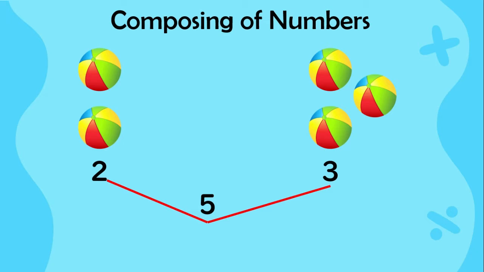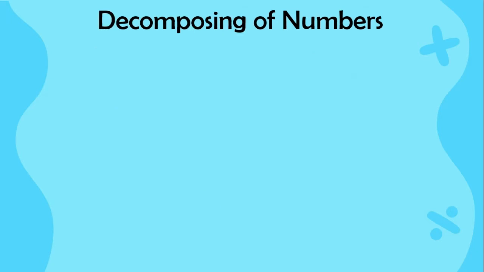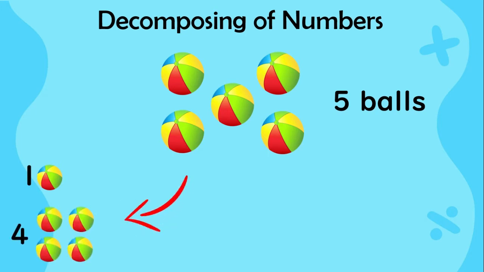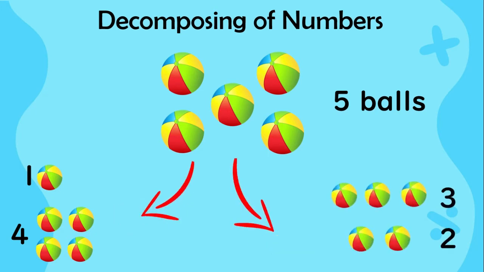That's why we have 5. For decomposing of numbers, we have 5 balls in all. So to tear it down or to break it down, we can have it this way. First, we can have it for 1 ball and 4 balls. Or we can have it with 3 balls and 2 balls.